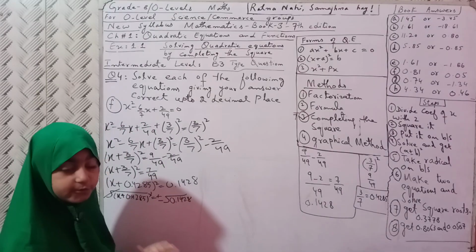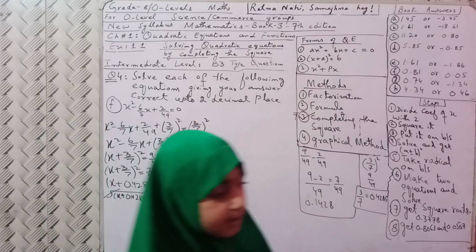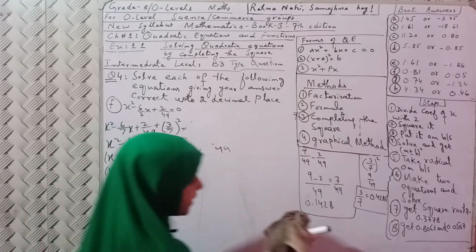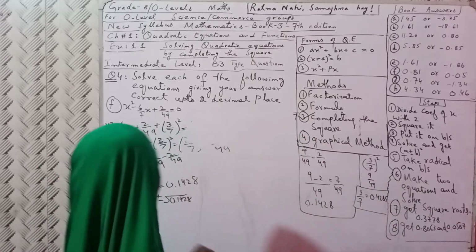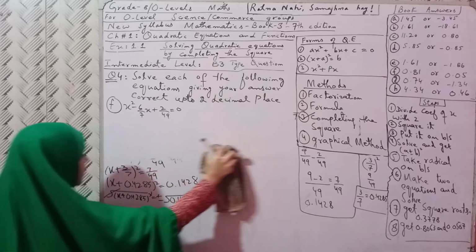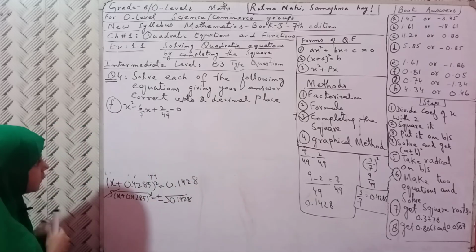Sorry, I have no space. That's why I want to remove this. Now I can make the two equations. Then I can solve. So I am not removing the last step.